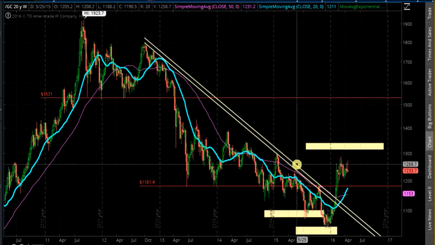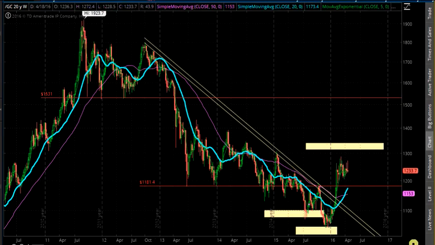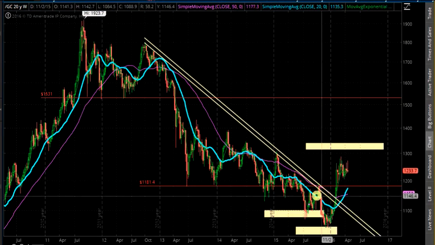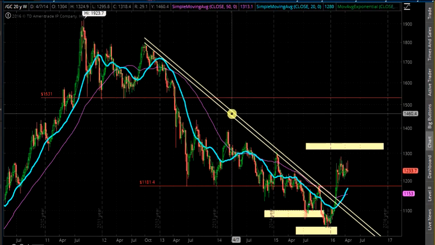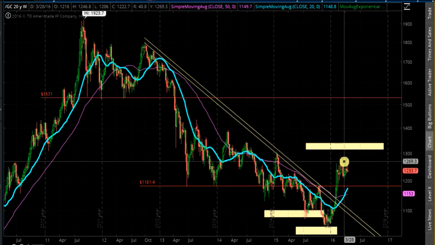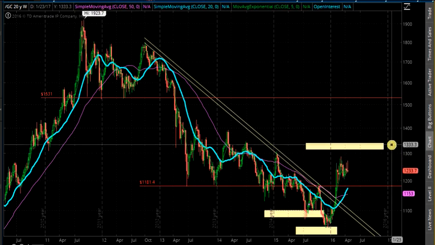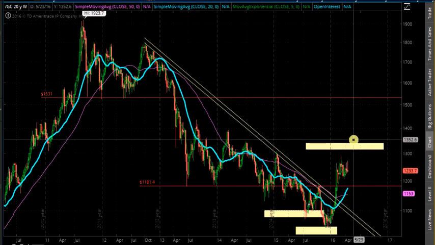You could probably see this is probably the A wave of the ABC, and B could be a lot of stuff taken out of context, and it probably will be, because it's hard to figure out sometimes these commodities and their price moves.